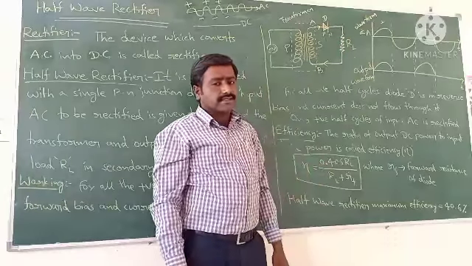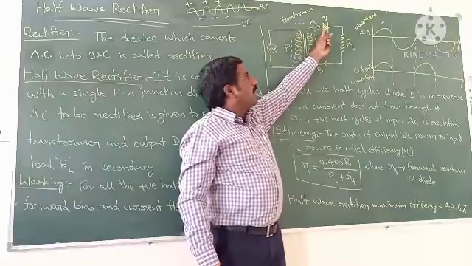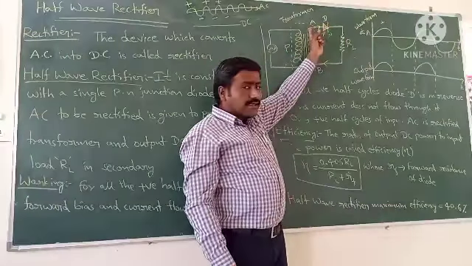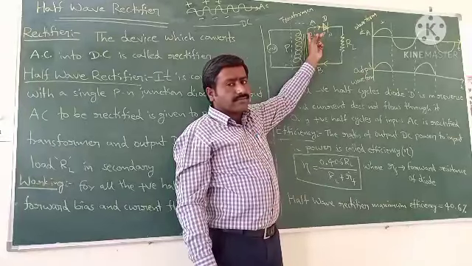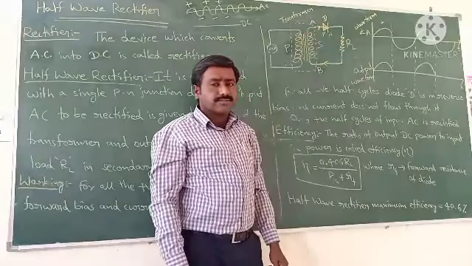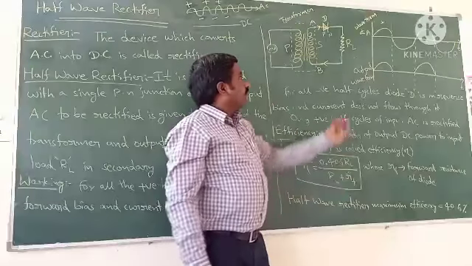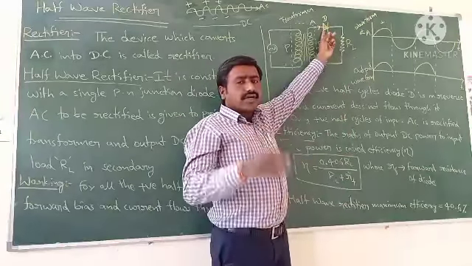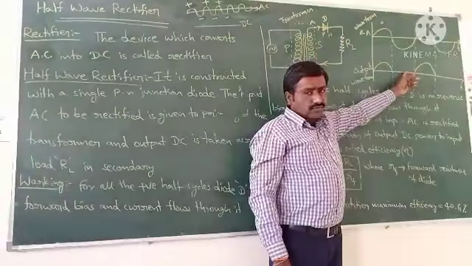That is called reverse bias. When the semiconductor diode is in reverse bias, the current does not flow through the diode. So for the negative cycle, there is no current through the diode. That's why the output across the load resistance is 0.